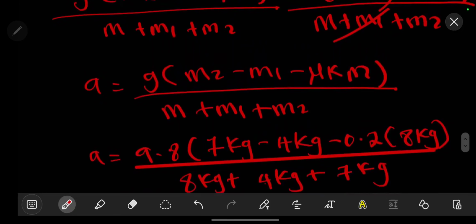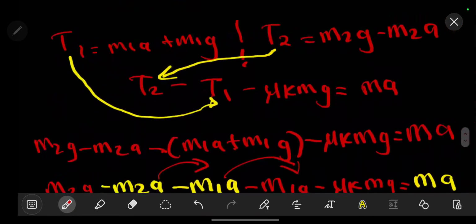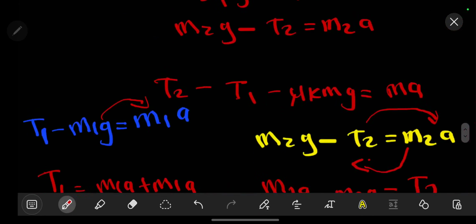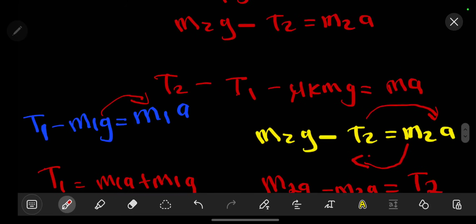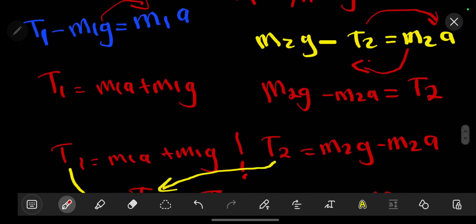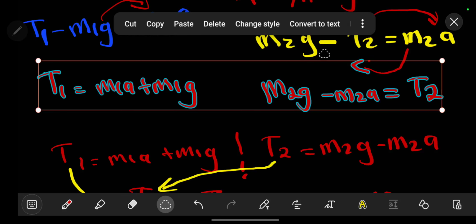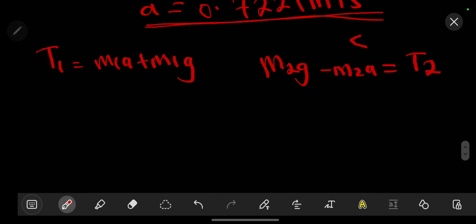Now all we have to do is find the tension in the cords. So let's get any of the two equations except the main one, which has both. So remember, we have these formulas made subject to the formula. Let's just lift them up. Tension number 1 should be equal to, what is our mass number 1?